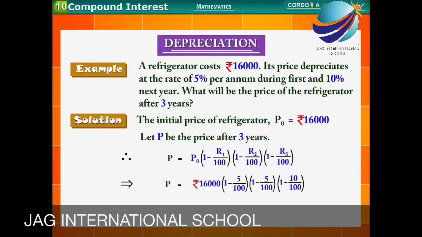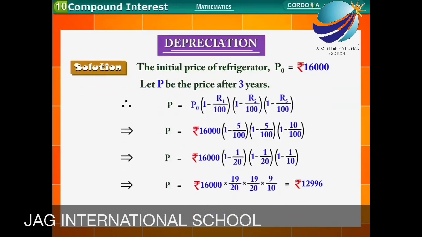This implies P is equal to rupees 16,000 into (1 minus 5 upon 100) into (1 minus 5 upon 100) into (1 minus 10 upon 100). This implies P is equal to 16,000 into (1 minus 1 upon 20) into (1 minus 1 upon 20) into (1 minus 1 upon 10).